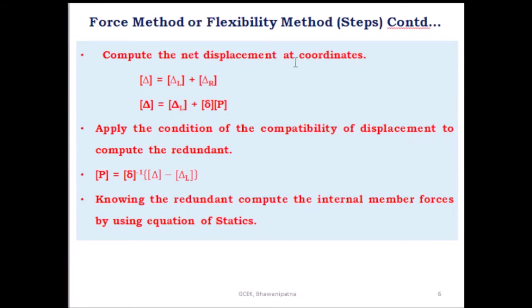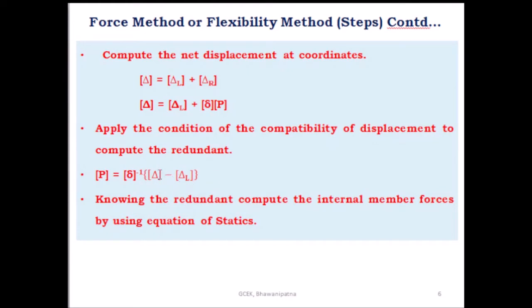Then compute the net displacement at coordinates: delta is equal to delta L plus delta r, which is delta L plus del into P. Apply the condition of compatibility of displacement to compute the redundant. Then the redundant force is P equal to del inverse times (delta minus delta L).